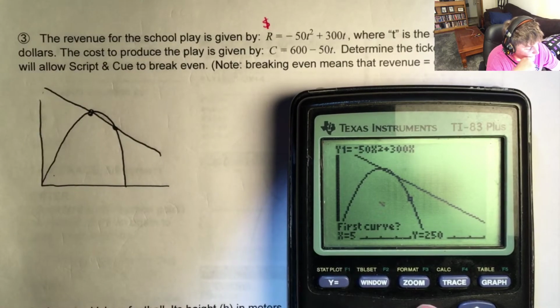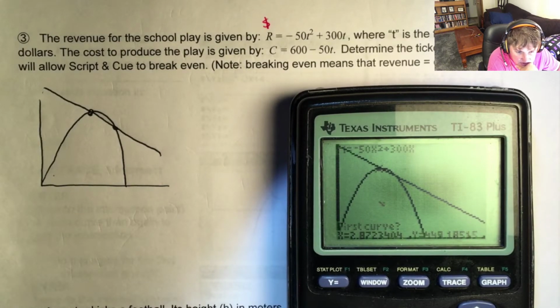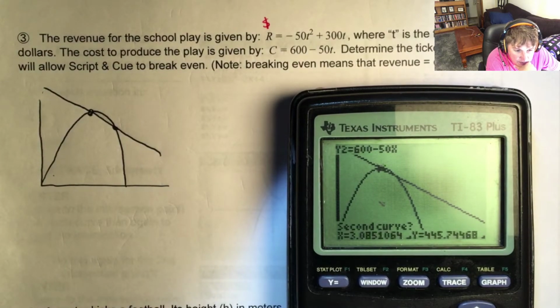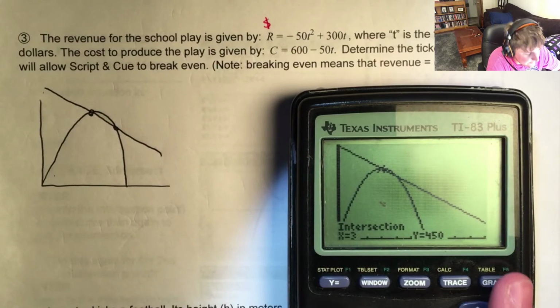Okay, so the first curve, what I want to do is get to the first spot where I think it's crossing, as close as I can. So let's say like right here. And then the second curve, I want to be close to it. And then guess. Okay, and so it says at 450.